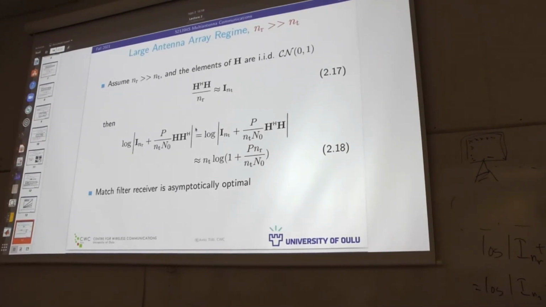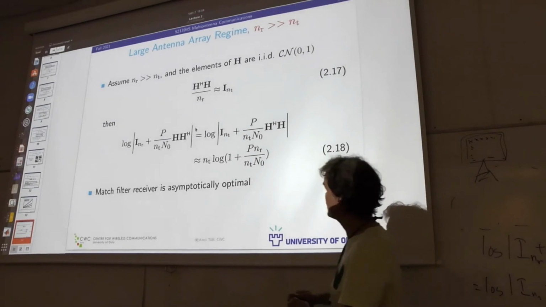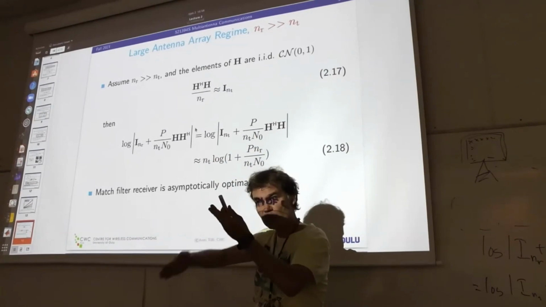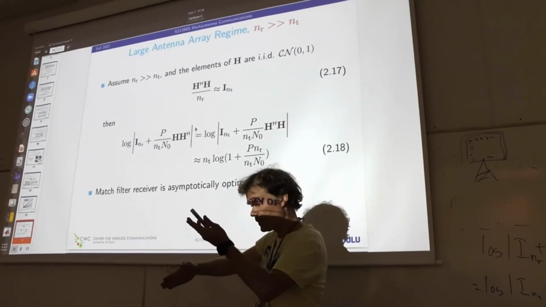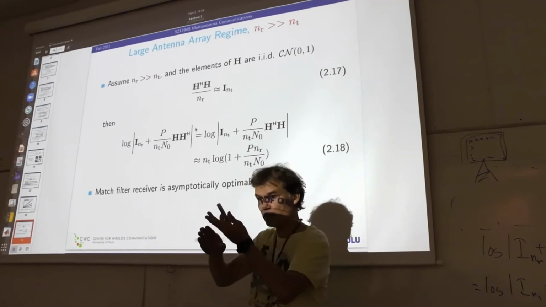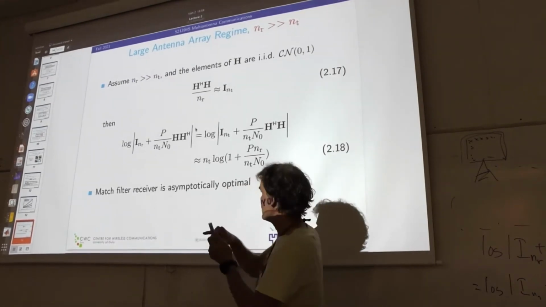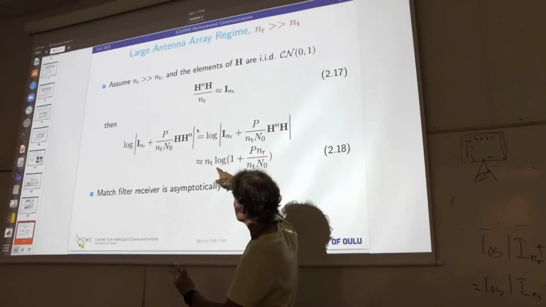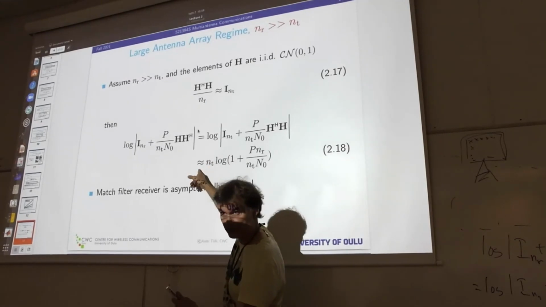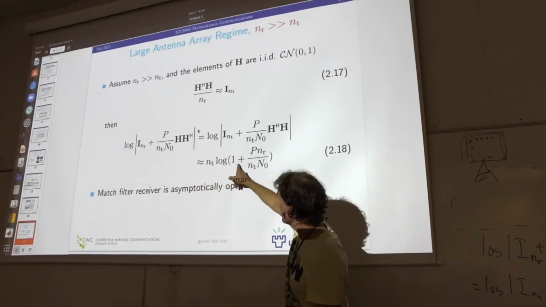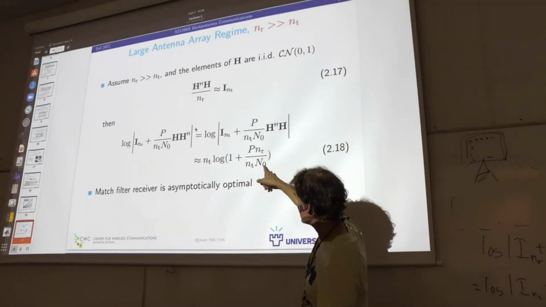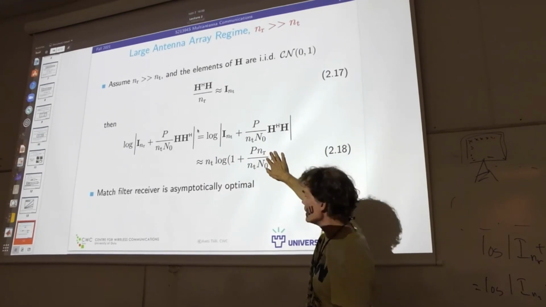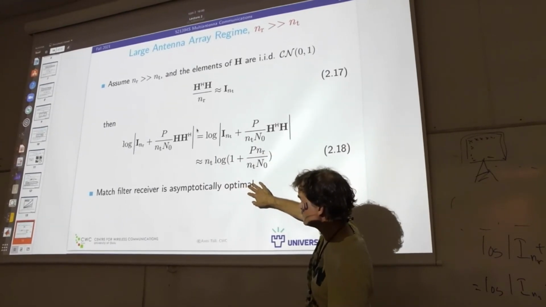So this becomes an identity matrix, and you can approximate this with a diagonal matrix of size N_T times N_T, which are all identical. So you can take the N_T exponent in front, and you have 1 plus P times N_R over N_T and so on. So you have N_R for beamforming, meaning that the matched filter is asymptotically optimal.